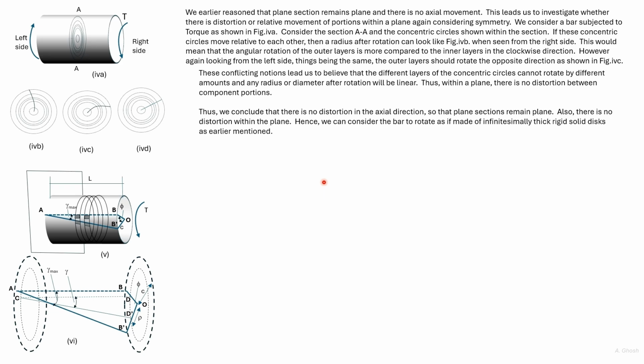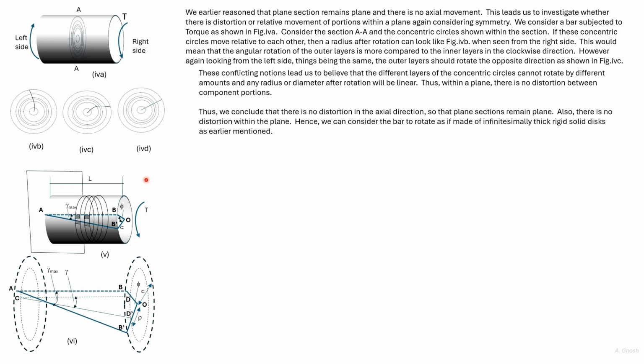Earlier we saw a bar subjected to tensile force with an increase in length. Each unit length of the bar contributed equally to the overall increase in length. The overall increase in length was a summation of the increase in length of each unit portion of the bar.